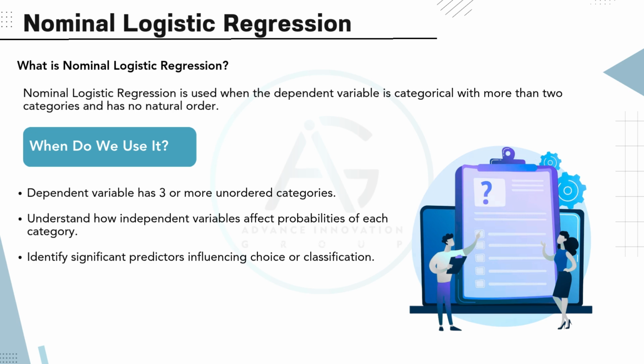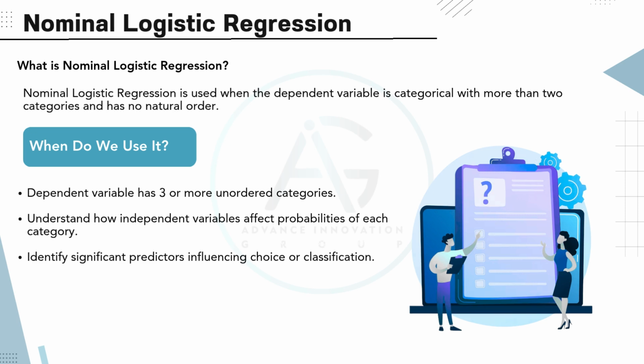When do we use it? We use nominal logistic regression when the dependent variable has three or more unordered categories. We want to understand how one or more independent variables, X, impact the probability of the outcome falling into each of these nominal categories. Our goal is to identify which predictors significantly influence the classification or selection among the categories.